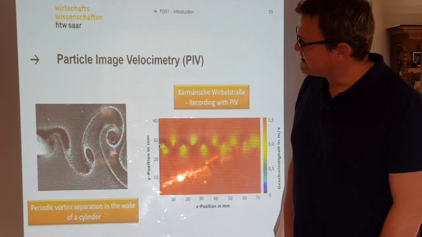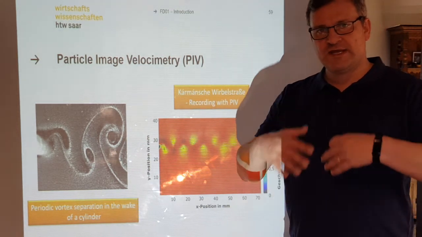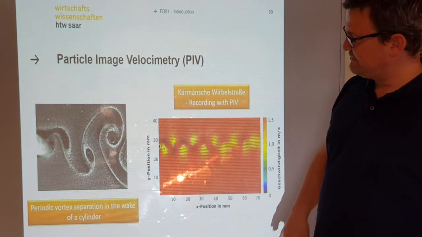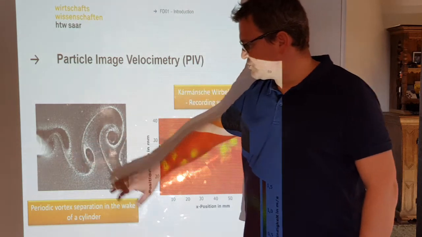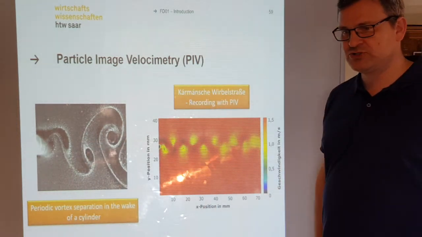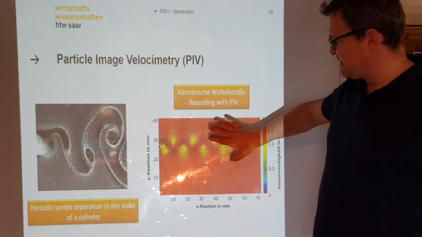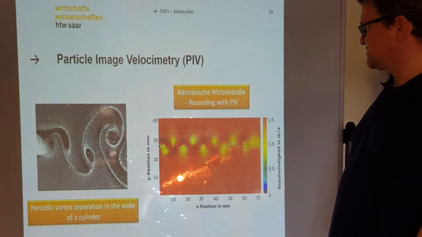Okay, that's another method to make the visualization better. And even if you make smoke pictures with such swirls, you can use these pictures to get information about the velocities.